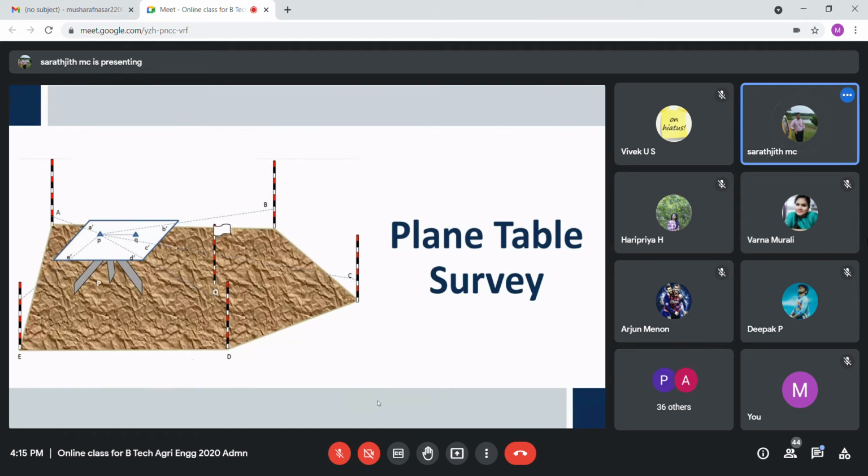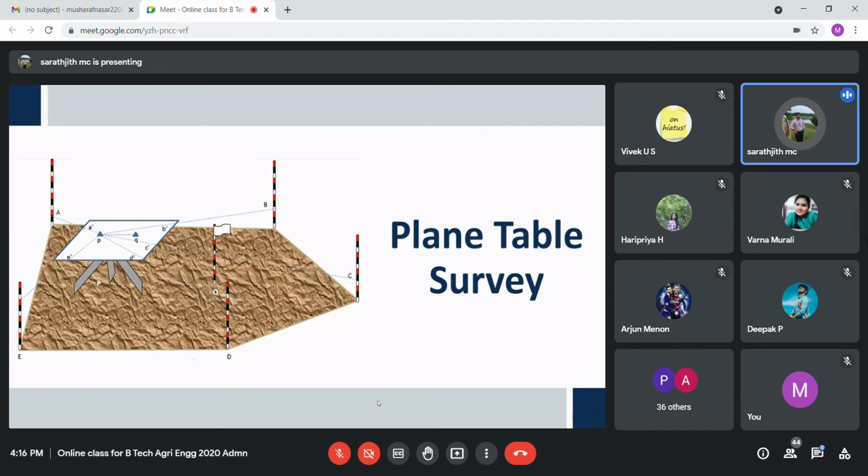Okay. See, whatever you thought about it is almost correct. We are making use of a table, which has to be very horizontal to the ground surface, and we set the table at a point of our choice. And from there, instead of converging, actually what we are doing is sighting each point from that table.